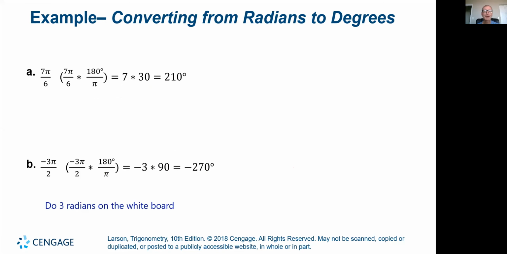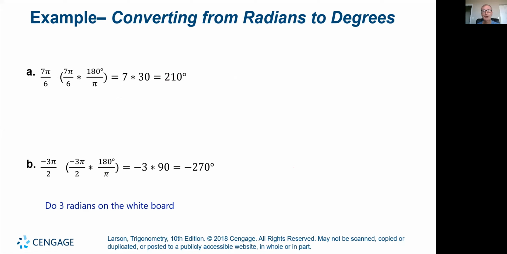Okay, so let's take a look at a couple examples of going from radians to degrees. And so what we have here, the first one, is converting 7 pi over 6 radians into degrees.